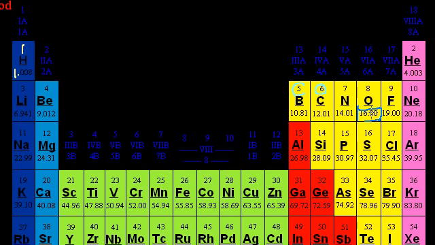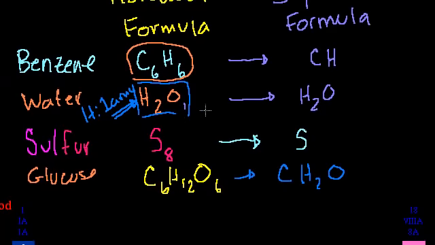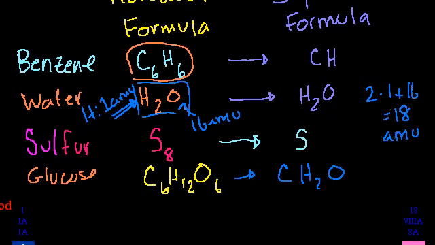In most of the planet's oxygen atoms, you have 8 protons and exactly 8 neutrons, so you get an atomic mass of 16. So for the entire molecule, you have 2 hydrogens, so 2 times the mass of hydrogen plus 1 oxygen, 16. So it equals 18 atomic mass units for water.